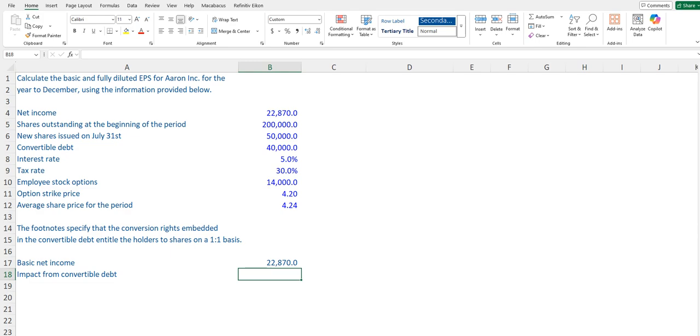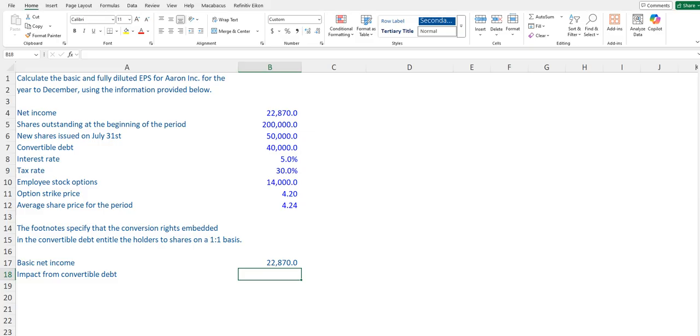Why do we say the impact? Well, let's just assume that if they really convert the debt into shares, right? That being said, we can avoid the payment of interest, because there's no interest for shares. It's called dividend, but it doesn't specify something like that.